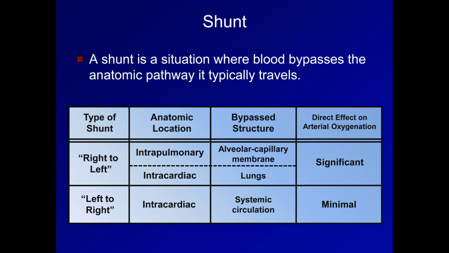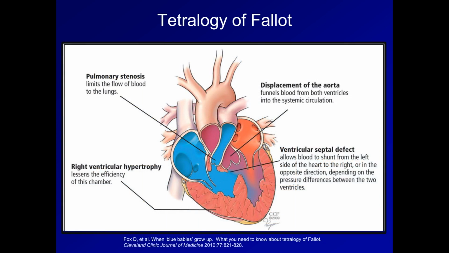To help you better visualize what exactly a right to left shunt looks like, I want to show just one example. Here is a diagram of a form of congenital heart disease known as Tetralogy of Fallot. It is the most common form of cyanotic heart disease in newborns, affecting about 1 in 2,500 live births.